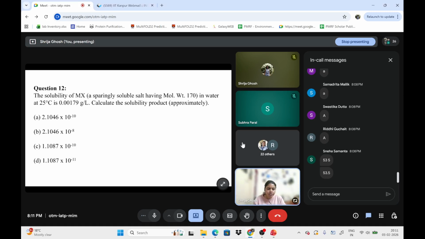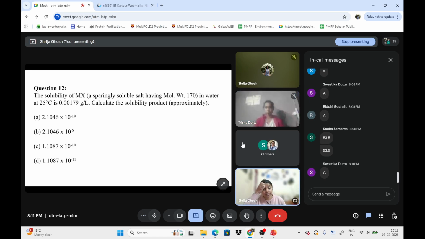We have already solved such questions, so you should be able to solve it quickly. All of you solve it and give your answers in the chat box. So it is 0.00179 grams per liter. First you calculate it in molarity. I already see there's one answer in the chat box.